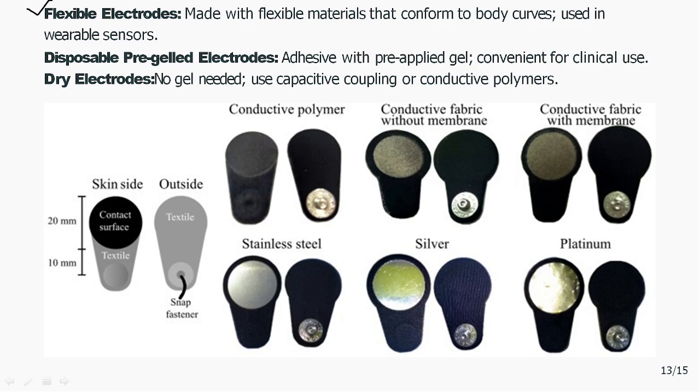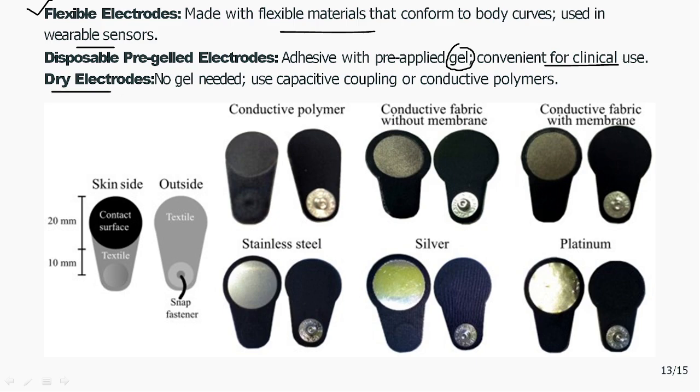Now, flexible electrodes are made of flexible materials. Here you can see different flexible materials we have used in wearable sensors. And disposable pre-gel electrodes are adhesive electrodes with pre-applied gels. Gels means these are the electrolytic gels. They are convenient for clinical use and they can be disposed of once they have been used.